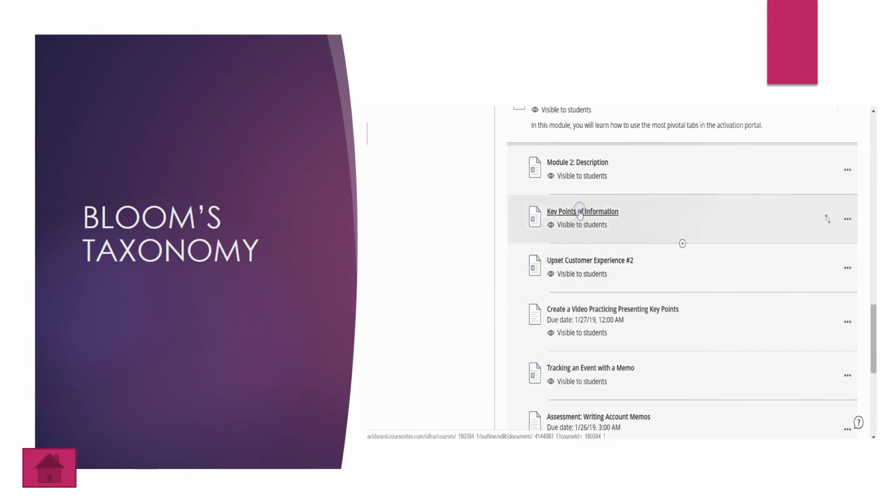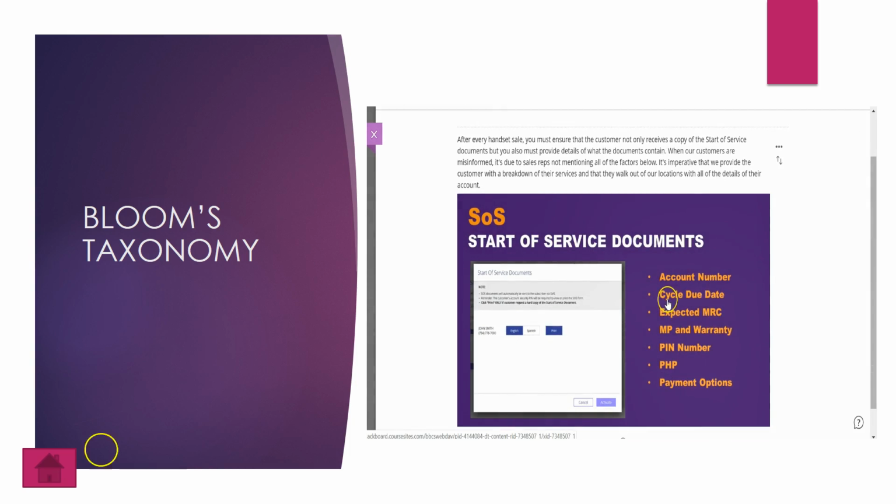The key points of information are things that each customer should know once they've set up their account. When sales reps provide those customers with this information, they're able to provide great service. But also, the goal is for these sales reps to be able to articulate this information to the customer to ensure the customer is aware of the key information for their account.